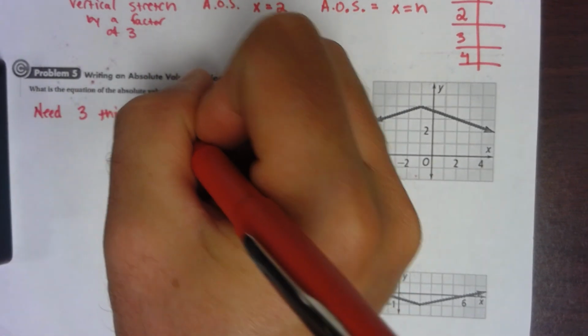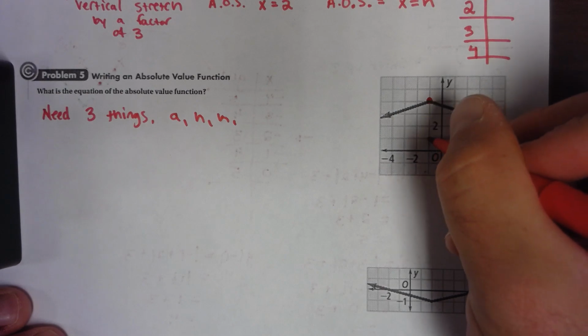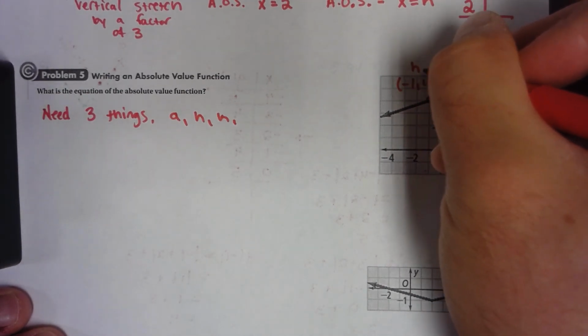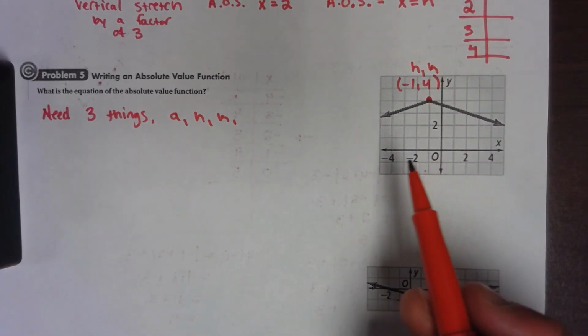And that being our values of a, h, and k. The easiest values to find are going to be h and k, as those are just the values of the vertex. So this vertex is -1, and then 1, 2, 3, 4. So (-1, 4). That's h, and that's k. And then the last thing we need is the a value.